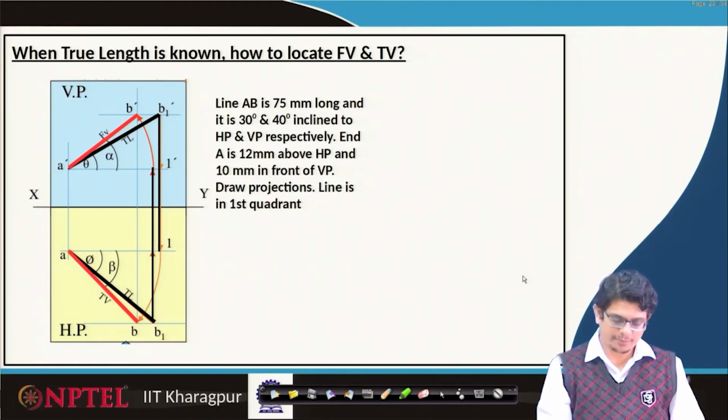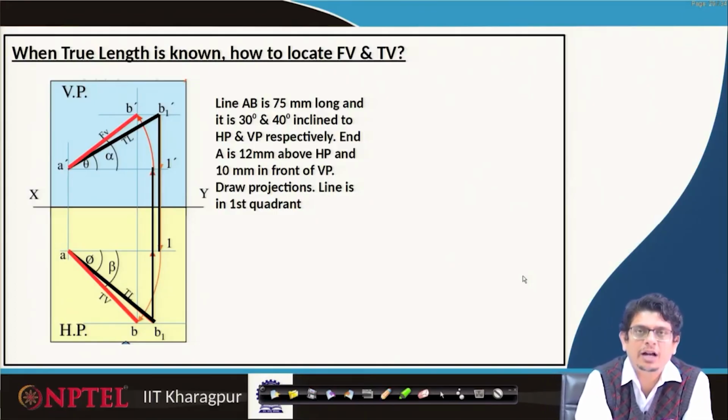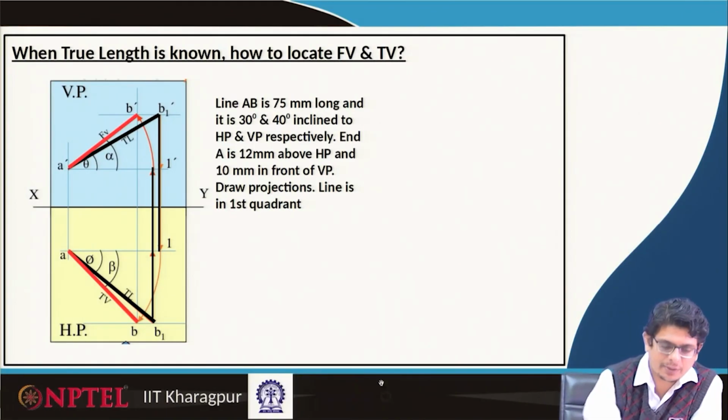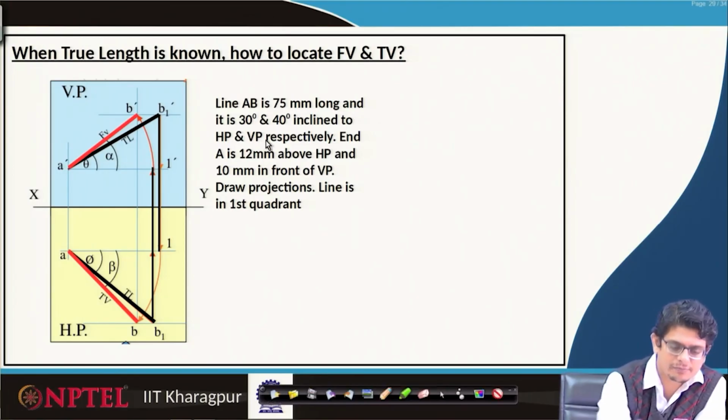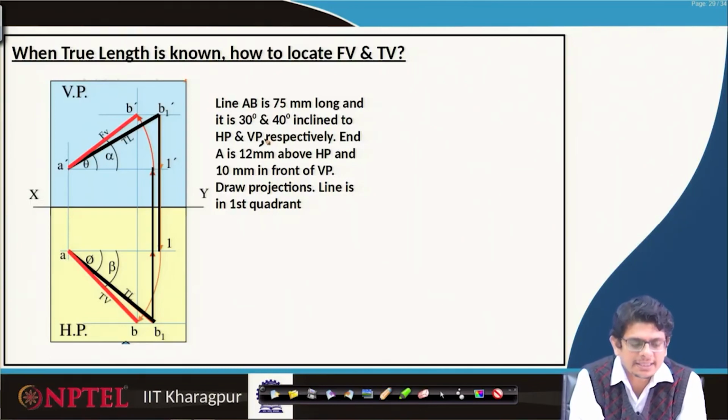Let us do that by picking an example. There is a line AB 75 mm long, and it is 30 degrees and 40 degrees inclined to horizontal plane and vertical plane respectively. End A is 12 mm above HP and 10 mm in front of VP.